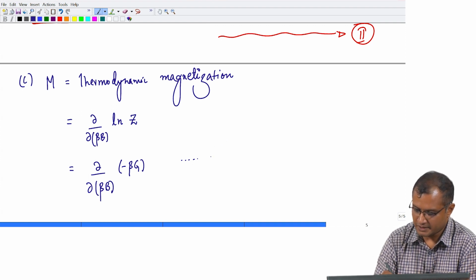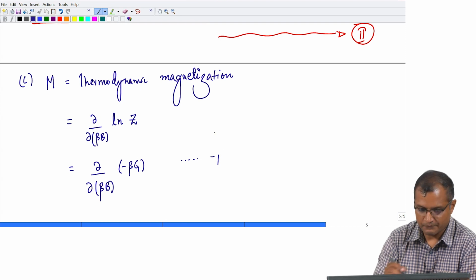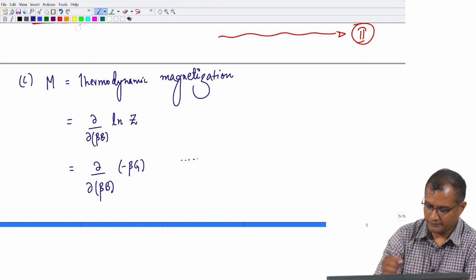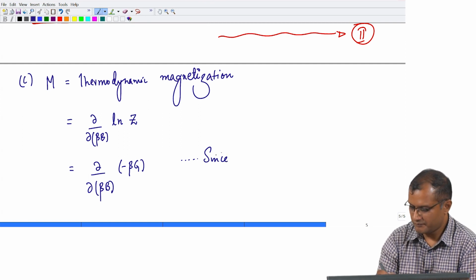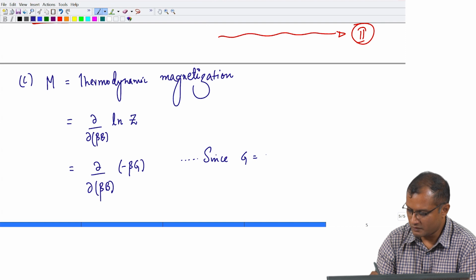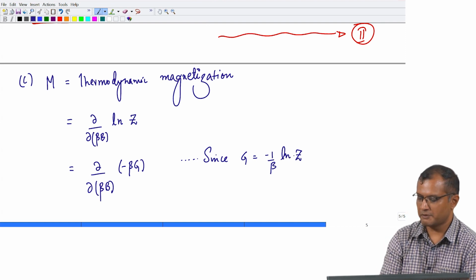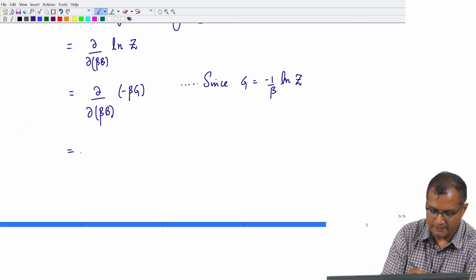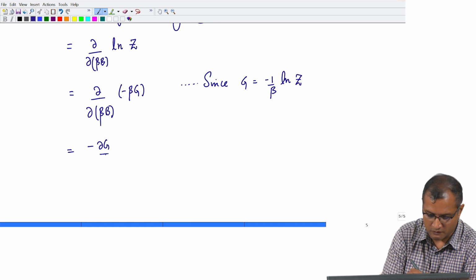So, I know already that minus one over beta ln partition function is related to the Gibbs free energy. So, I have simply substituted that here. I can knock off beta. So, this is just minus dg over dB.